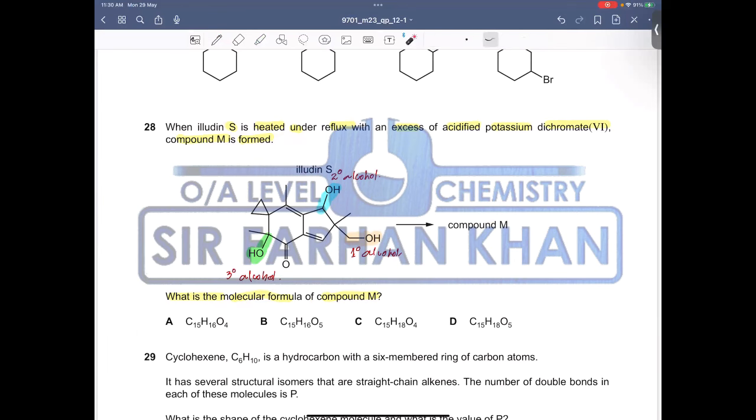So this will remain as it is, but obviously this is going to change into a ketone and this is going to change into a carboxylic acid because we are using an excess amount of acidified potassium dichromate(VI) under heat reflux condition. So this is going to be carboxylic acid, this is going to be ketone, but this will remain as it is. And then we need to find out the molecular formula.